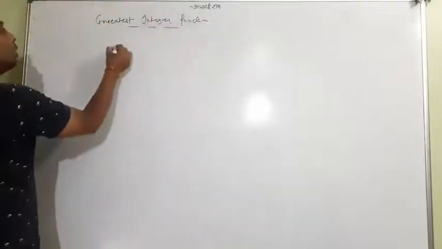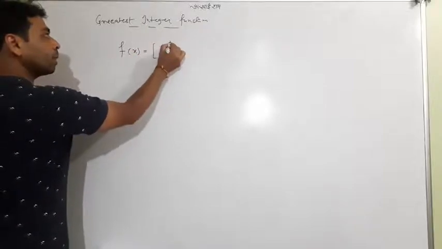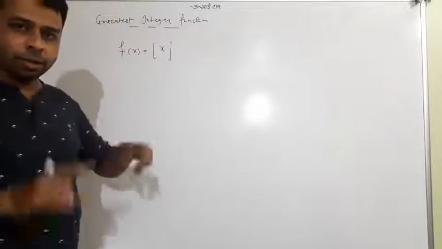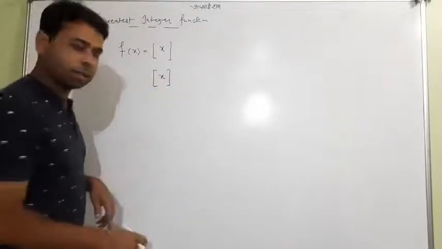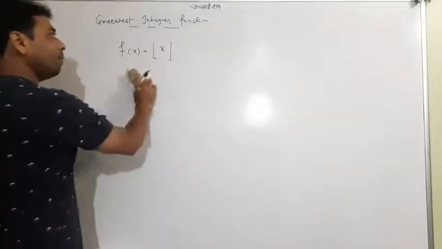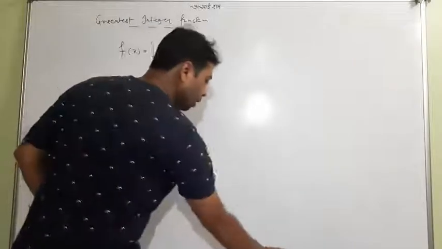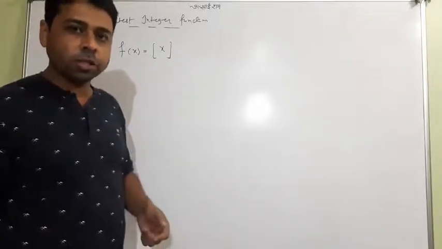So first of all, I tell you that the greatest integer function is represented by this kind of bracket. You can say it's a big bracket with x inside. So keep in mind that whenever some function is written in this form, this is the greatest integer function. Before doing any step, I want to tell you the nature of the greatest integer function.